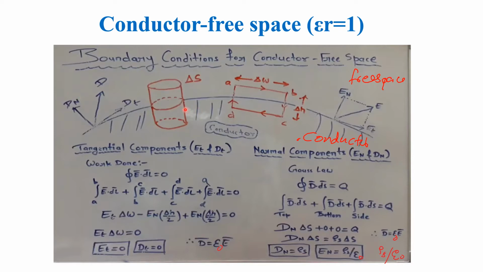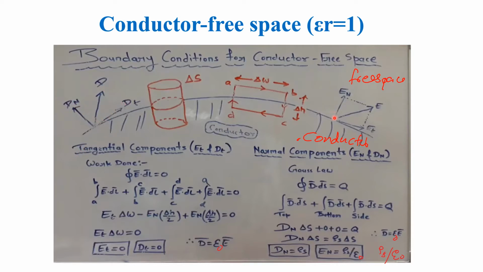First of all, we can divide the E and D vectors into two components. E is divided into a tangential component and a normal component, and in the same way, D is also divided into a tangential component and a normal component.